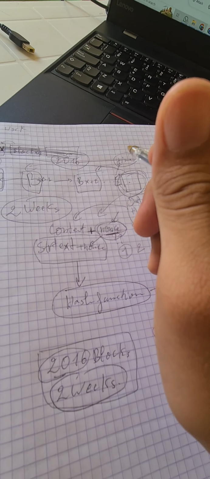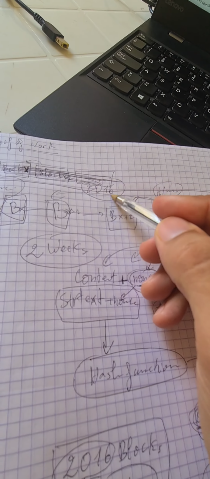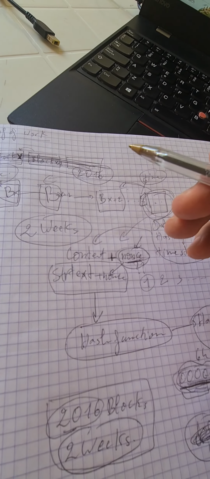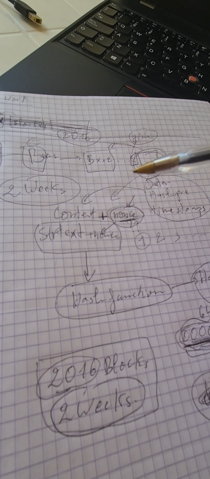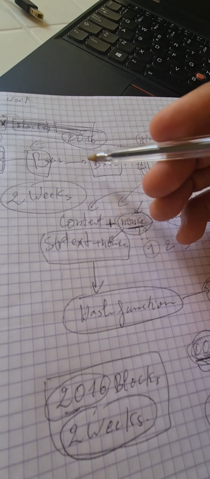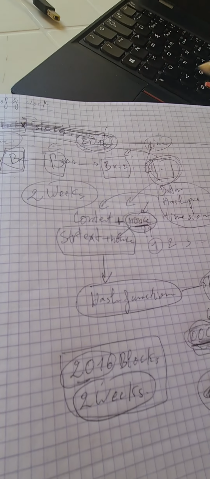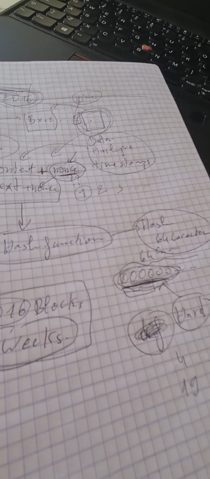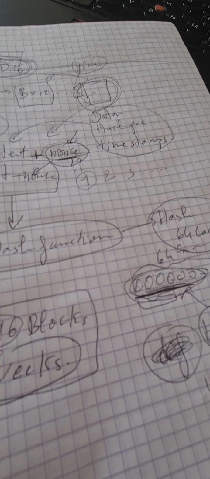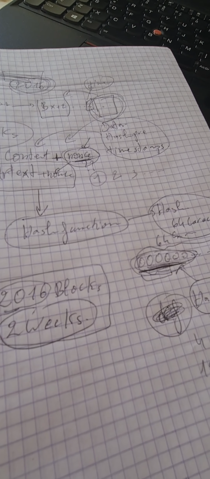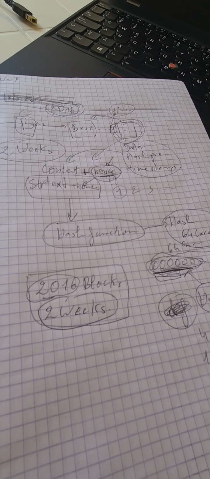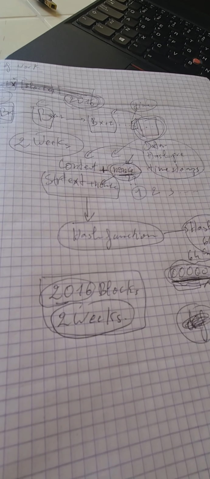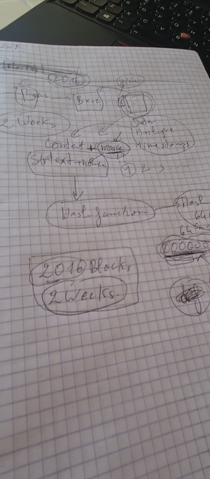But if we have this number of blocks in less than 2 weeks, then we need to increase the difficulty so that the number gets back to 2016 blocks in 2 weeks. That's it. Of course, this explanation might have some errors, so just take it as a global overview, a global knowledge.